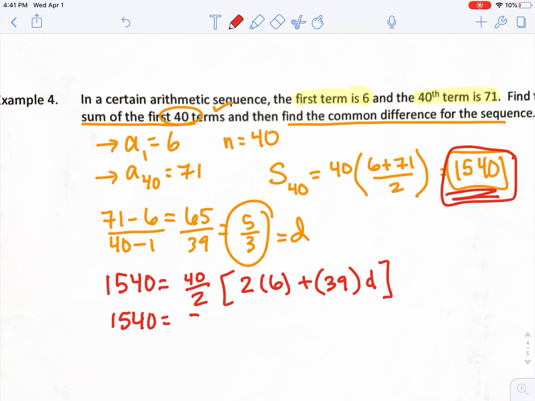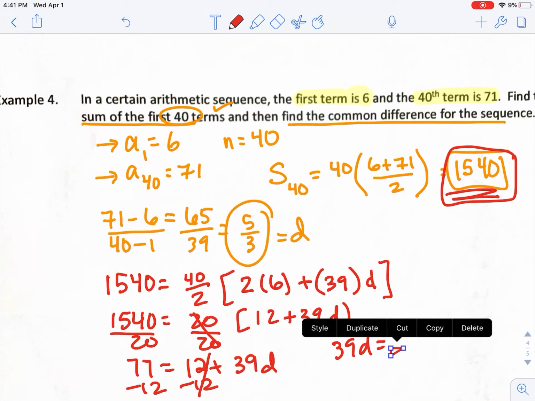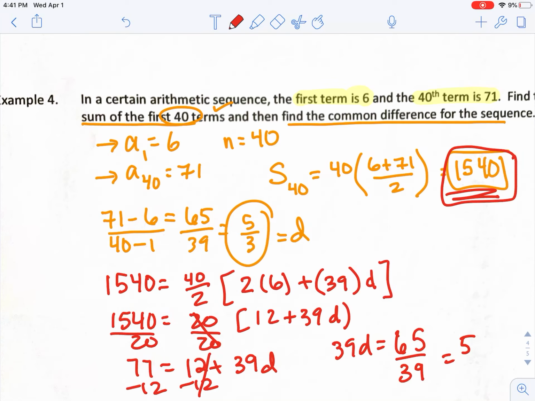So 1540 equals 20 times 12 plus 39d, divide by 20, what is that, 77, subtract 12, divide by 39, what is that, 65? So then again, 65 over 39, you get the same answer.